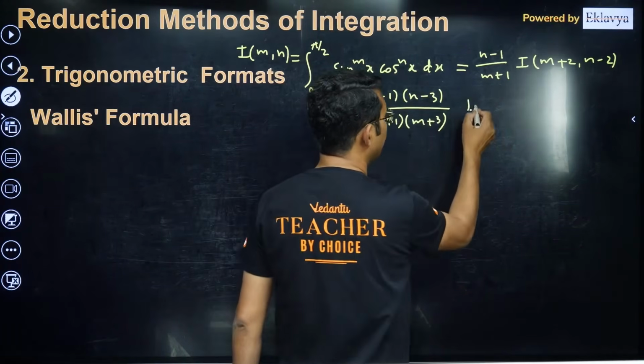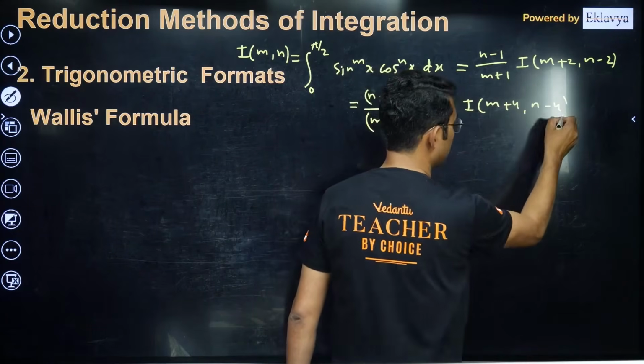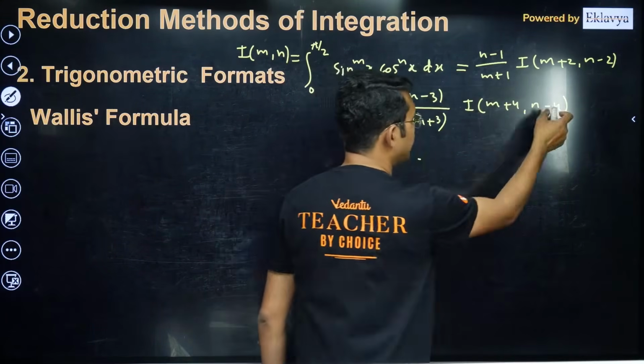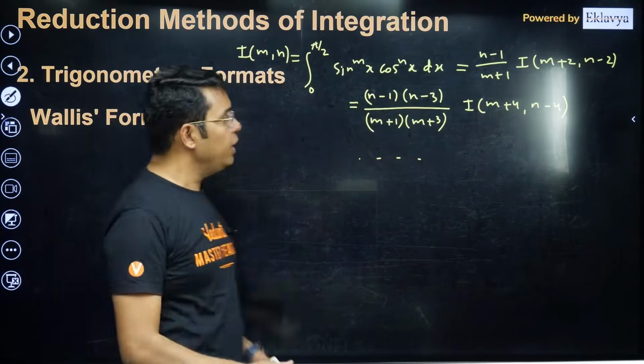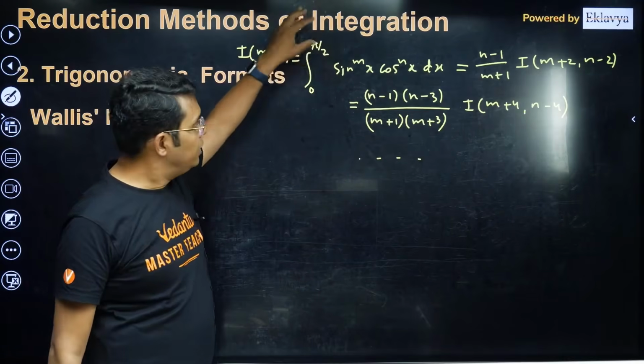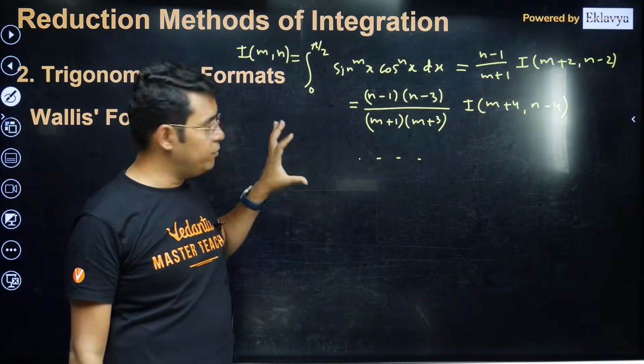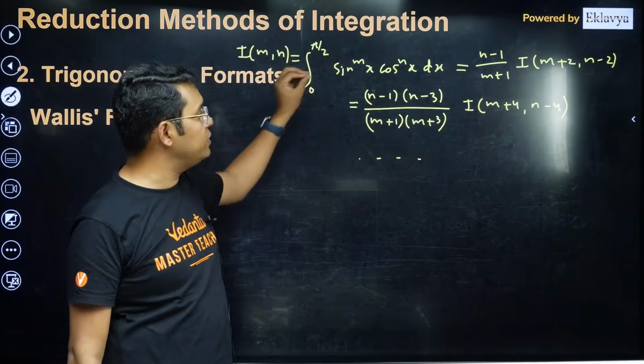Then it will become I m plus 4 n minus 4, and so on till n becomes 0 or maybe 1. So after reducing only in terms of sine power, you can finally find the result.